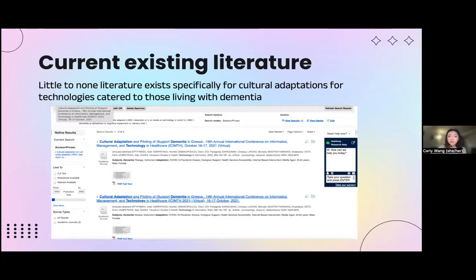So I did do a brief search within the CINAHL database, a database catered to nursing research at least. And as you can see, oh, I blocked it out there, but when I tried to include cultural adaptation or culturally adapted and television, TV, media, or technology, or smart TV, and dementia, or a lot of synonyms that I was trying to use with the Boolean operators, I only had 2 results, and looking at this, it is the same paper.